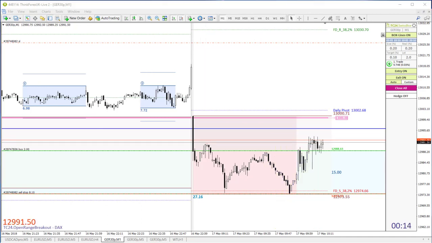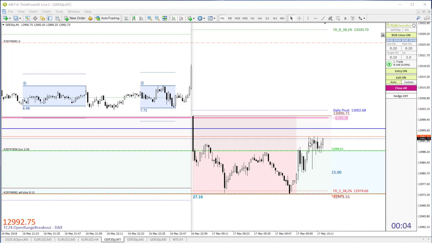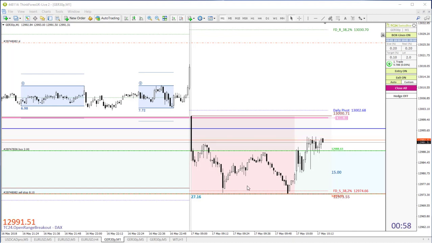So 15 minutes past 9 almost, still in the first trade. And again, we need a new high to get us towards our take profit line. The orange box has vanished.